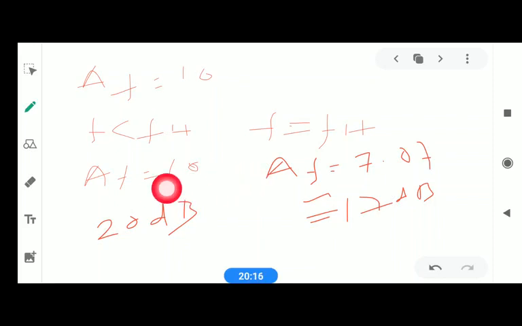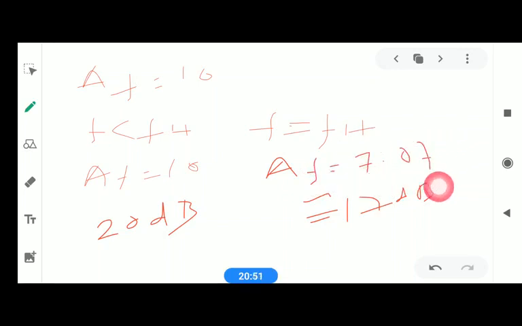Suppose Af is 10, gain in dB is 20 log of 10, which is 20 dB. At f equal to fh, our gain is 0.707 Af, which is 7.07.